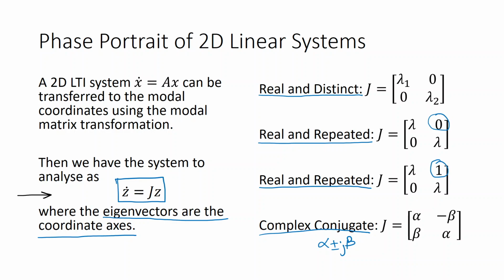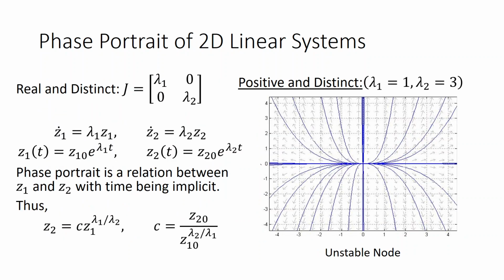What is the phase portrait? First, real and distinct. When we look at real and distinct, we can have a short analysis. This is the dynamical system, z1 dot equals lambda 1 z1, z2 dot equals lambda 2 z2, and from here we can get the solutions z1(t) and z2(t), and from that we can actually have a relationship between z2 and z1.